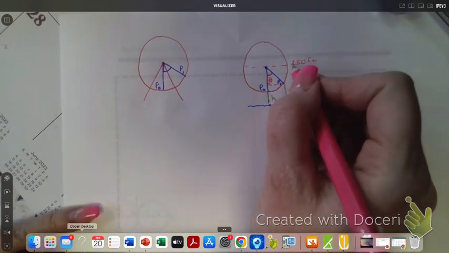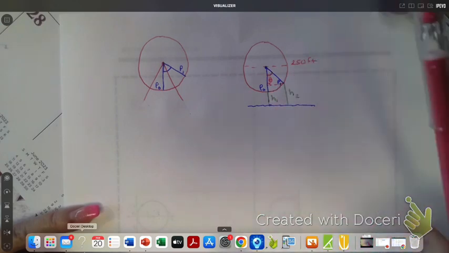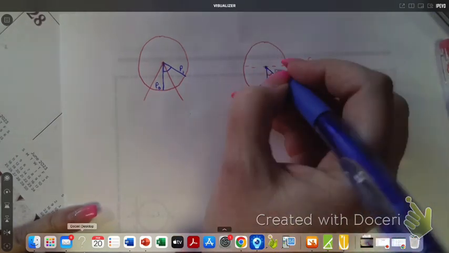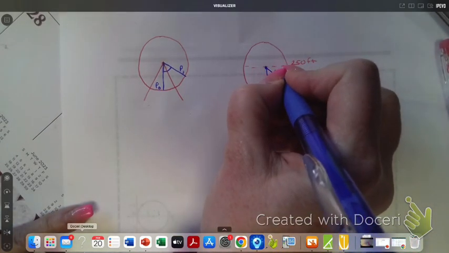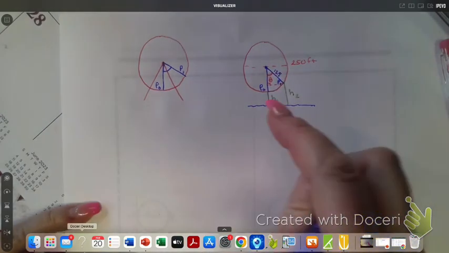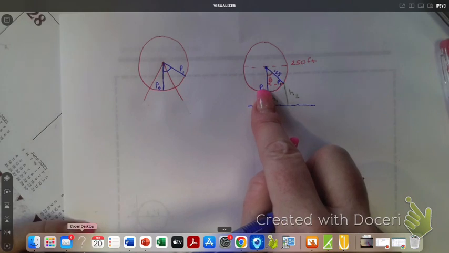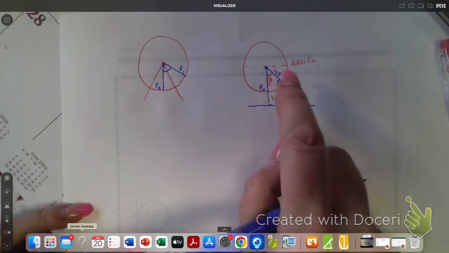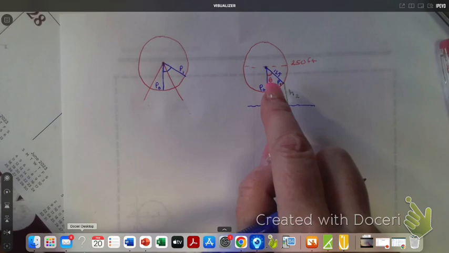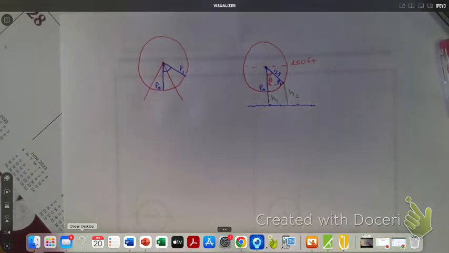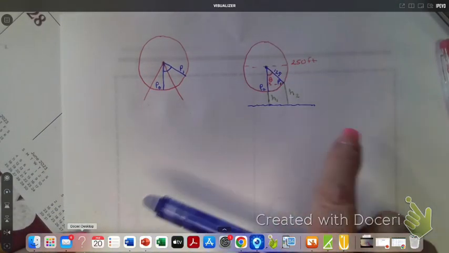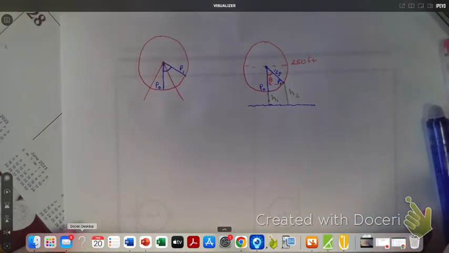So if the diameter is 250 feet, how much is the radius? 125. But look where I'm going to write it. 125 right there. Why? Because is that the radius too? Yeah. And is that part of my right triangle? Yes. Okay, so you're going to have some of these problems on your homework. And they're going to be where you have to set them up in pieces and fuse them together. Draw yourself a picture and we'll answer questions tomorrow, okay?